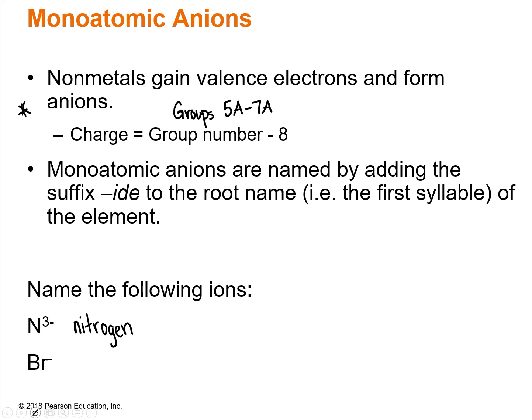We're going to get rid of everything but the first syllable or the root. We're going to replace that with -ide. So that what you get is the nitride ion. So you always want to follow these with ion if you're naming an ion.